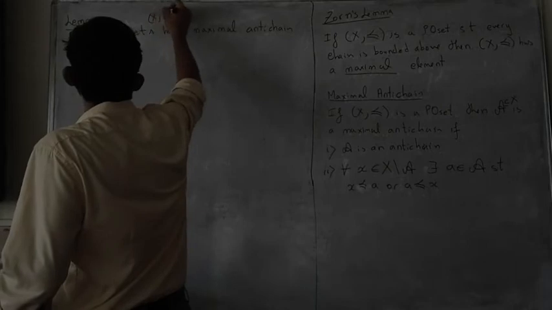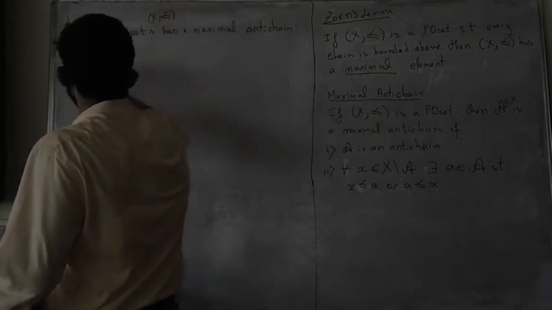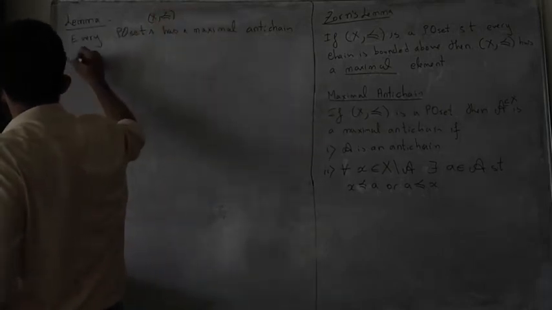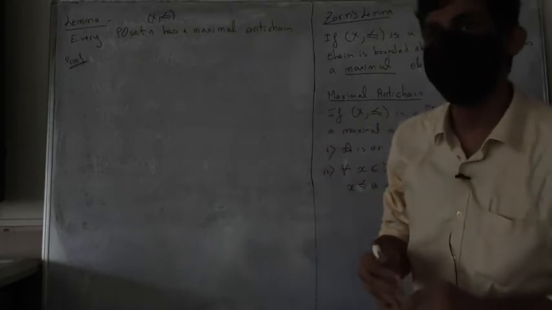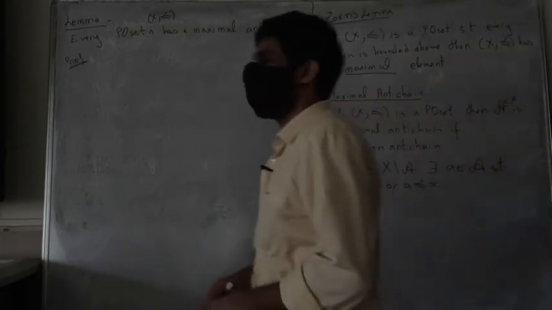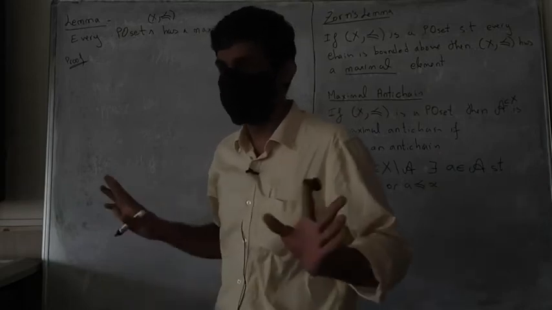Let me say poset X with less than or equal to. So as most arguments using Zorn's lemma go, we are going to construct a poset.